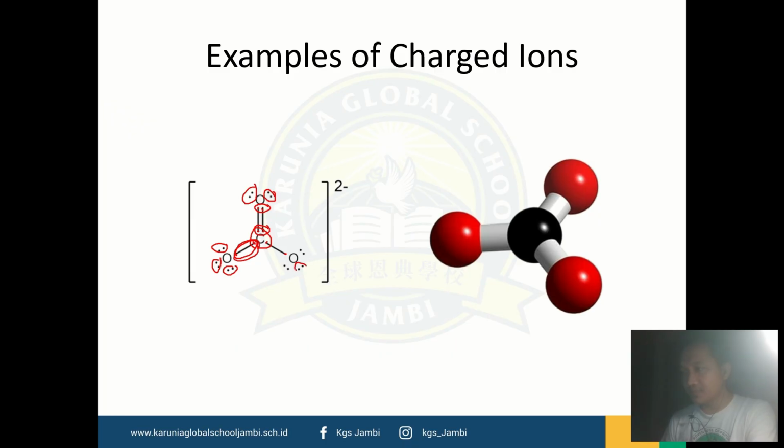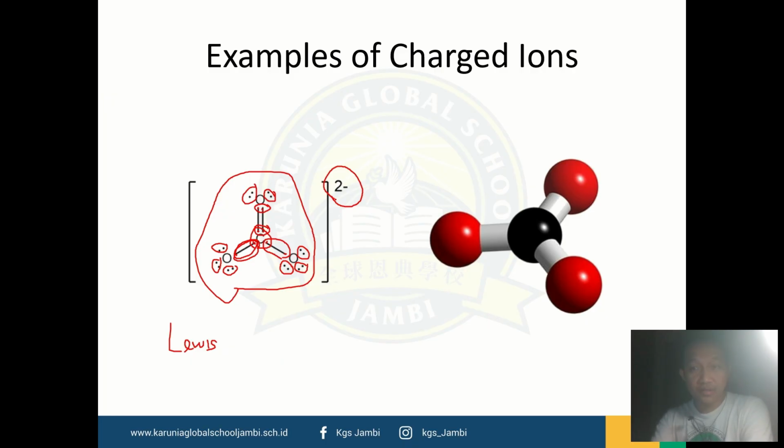Also this one has 1, 2, 3, 4, 5, 6, 7, 8 on the outer shell. Now they can be stable. So overall, if we see the Lewis structure, this is called the Lewis structure. They can all be stable, and their charge is 2 minus. This charge is one thing that we are going to learn.